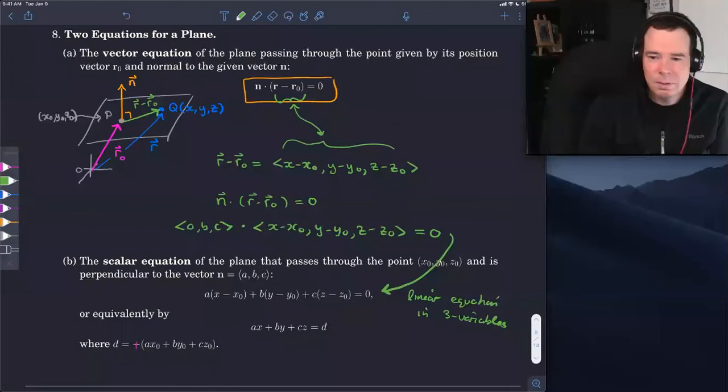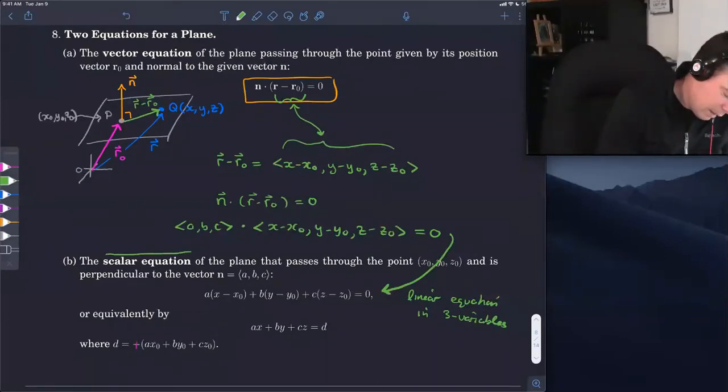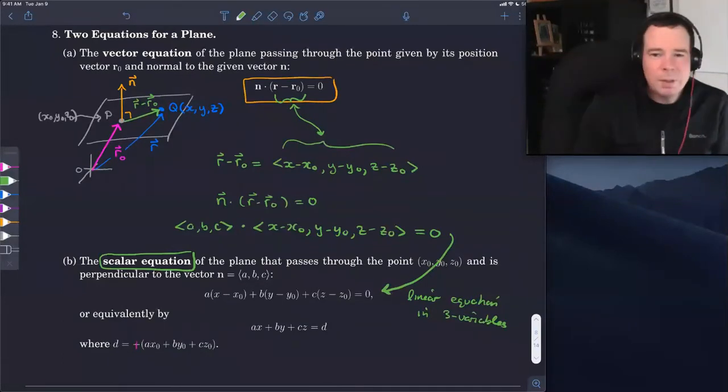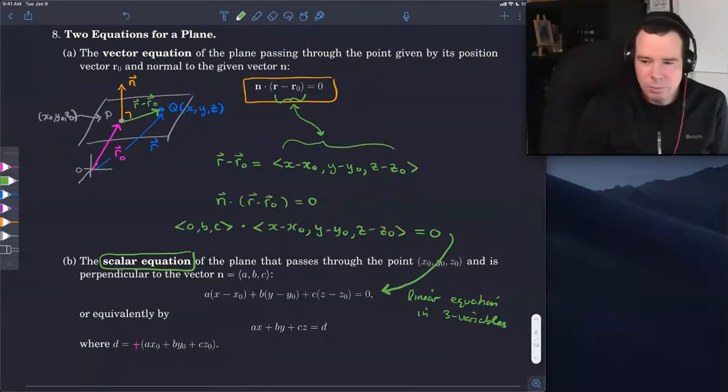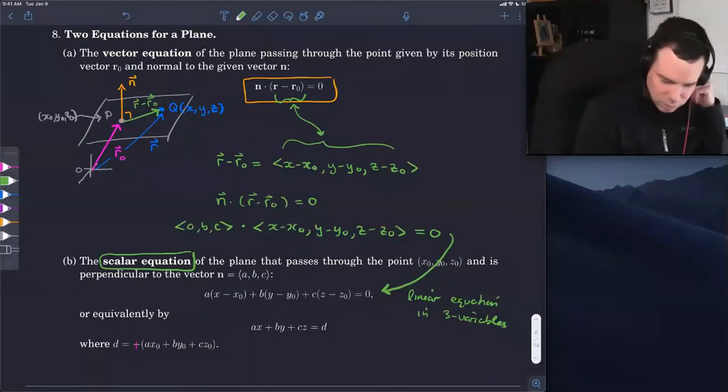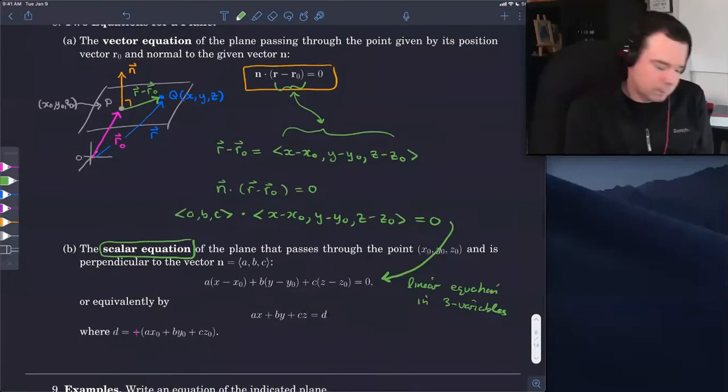It's the object that's given by a linear equation. This linear equation is what we call the scalar equation of the plane. This is probably how most of the equations are going to be given to us for planes. We will be describing them through these linear equations most of the time.